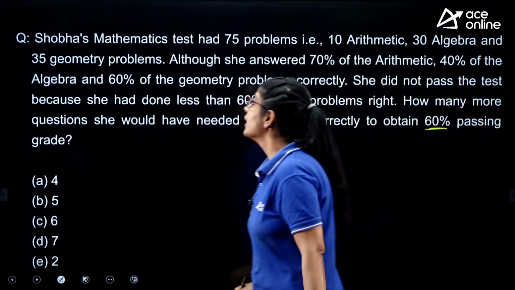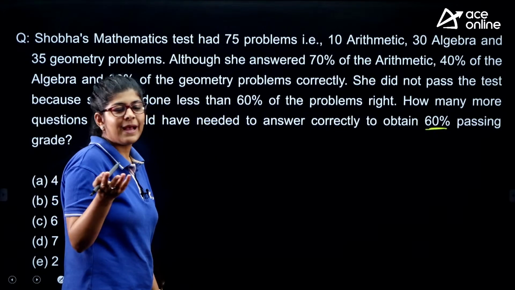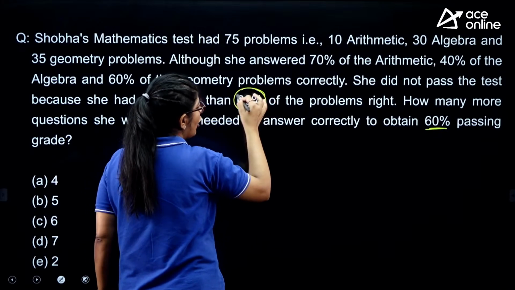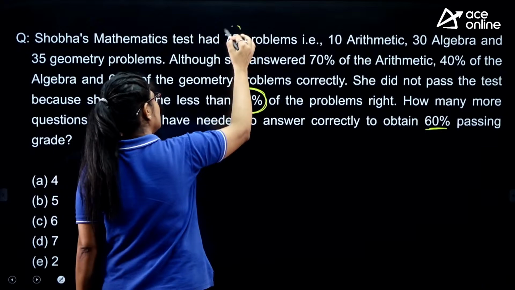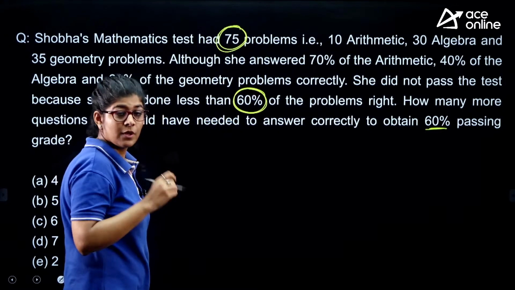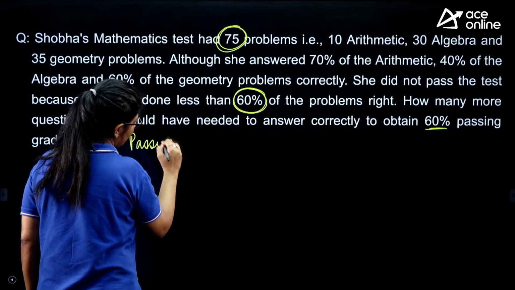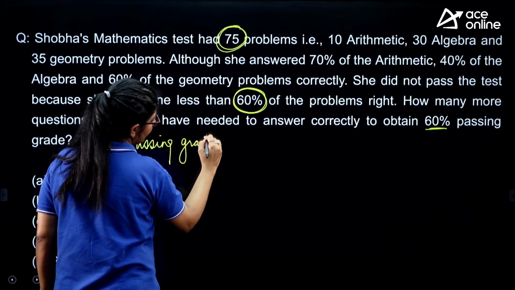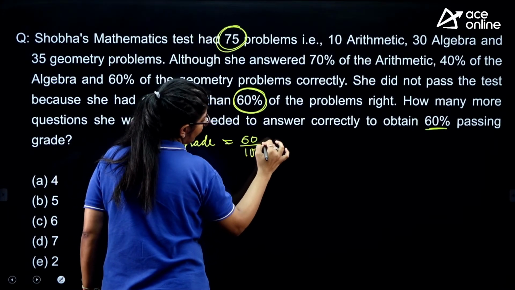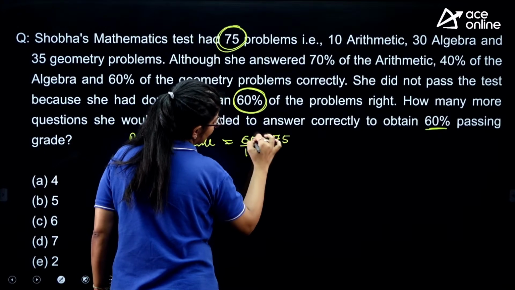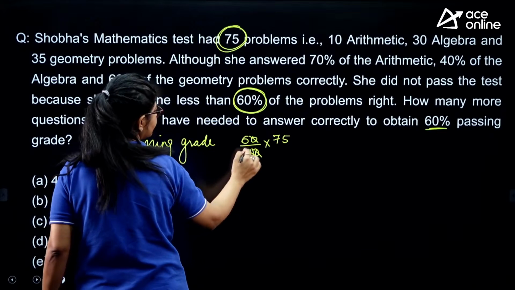Very good, Ragla. So the question is saying that just to get the passing grade, she needs to get 60% of the total questions correct. So how many problems are we having? 75 problems. So just to get the passing grade, she needs to solve at least 60% of the total.